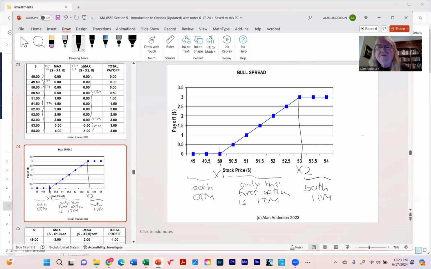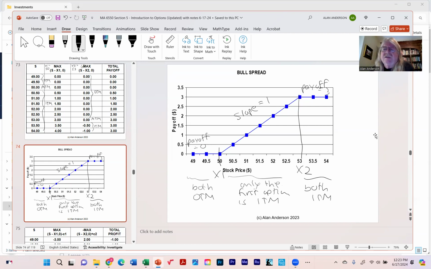And so what's happening here is that the payoff is 0 here. Up here, it's 3. And here you have a slope of 1. So basically what it looks like is a call option with an upside limit on its payoff.